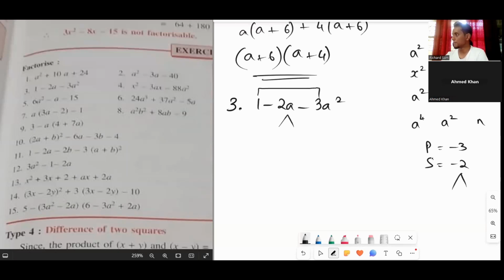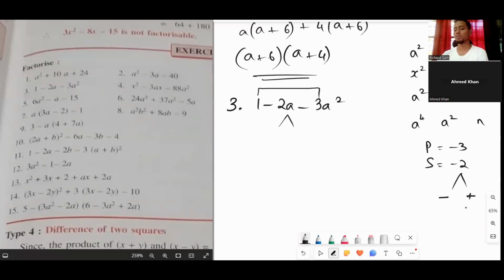Then you look at the sum. The sum is negative. That means out of the two numbers, plus and minus, which number should be bigger? When you're adding a positive and a negative, what sign do you put for the answer? You put the bigger number's sign, right?